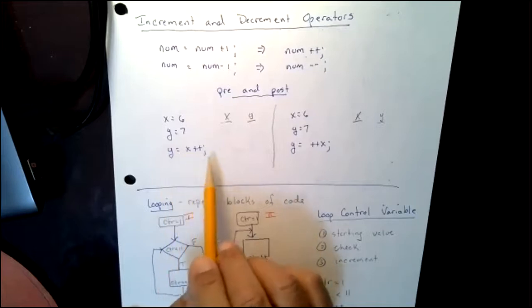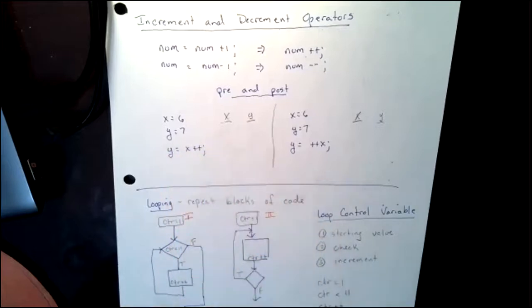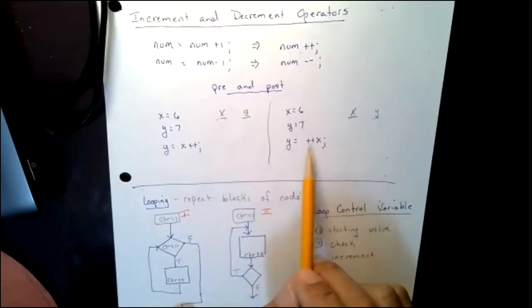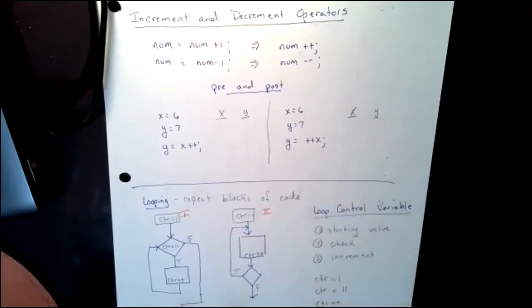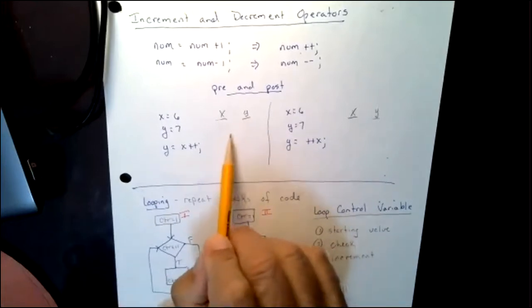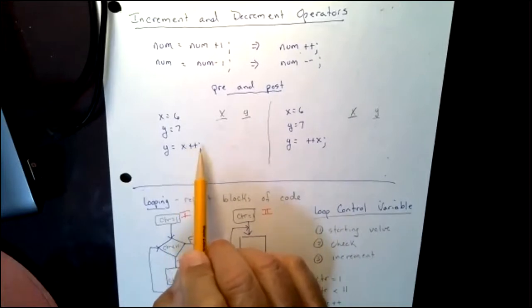After this line executes, what will be the values of x and y? And then we're going to look at the second one. After these 3 lines are executed, what will be the value for x and what will be the value for y?